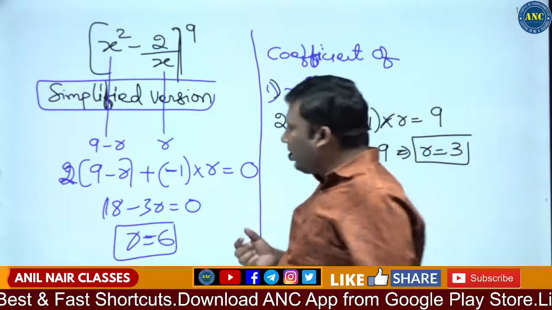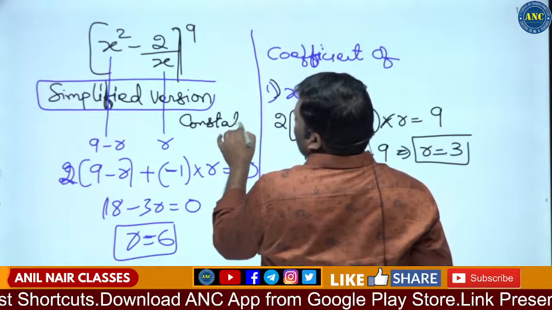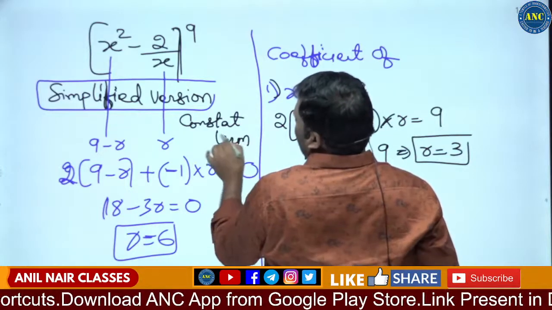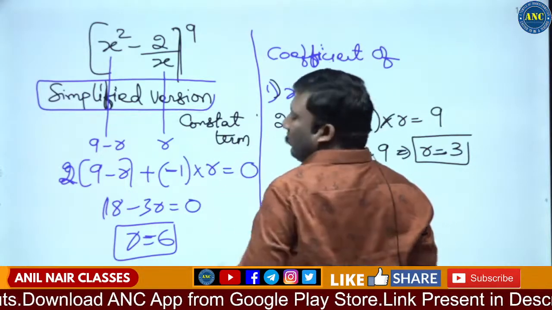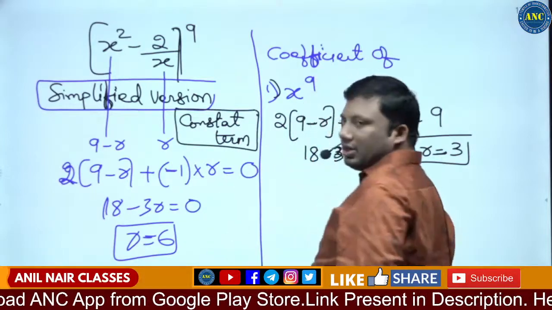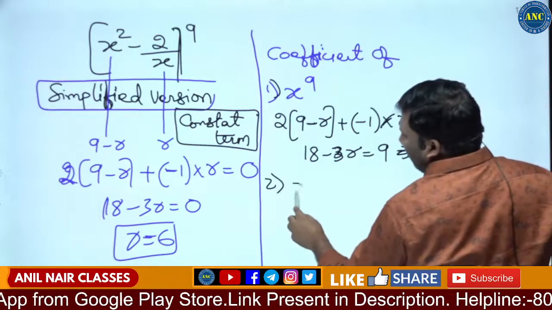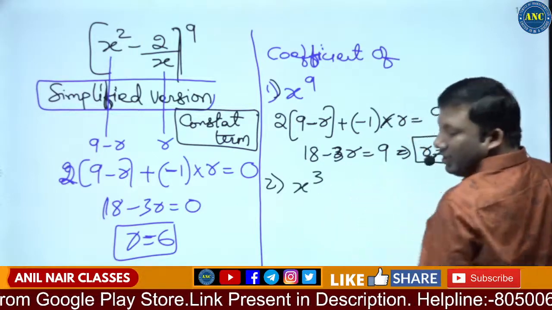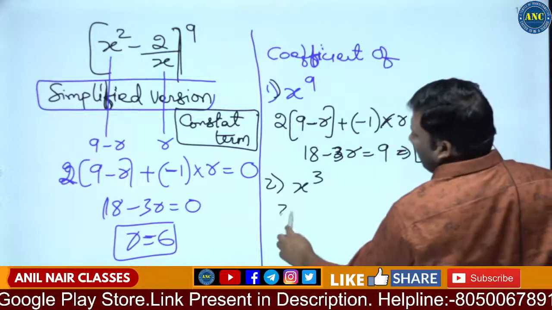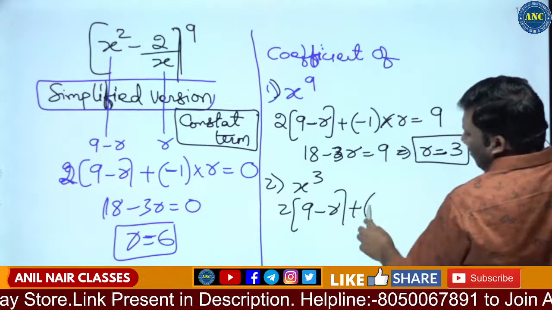Here I want the constant term. Constant term means power of x is 0. Similarly, if I want x power 3, what will be the answer? 2 into 9 minus r plus minus 1.